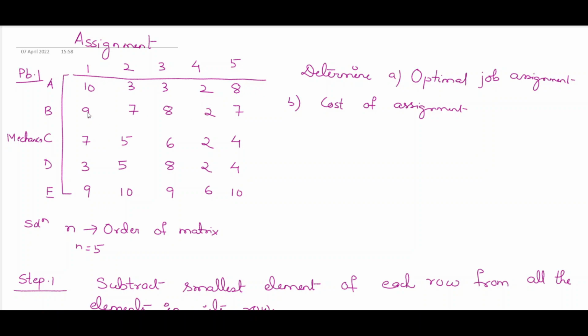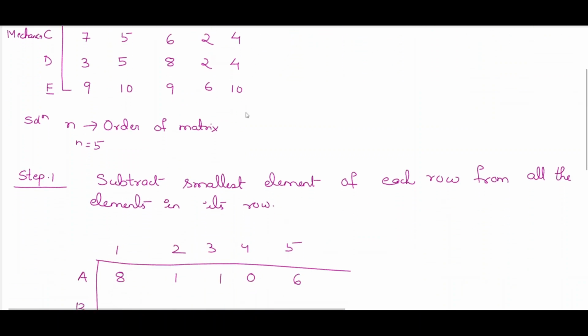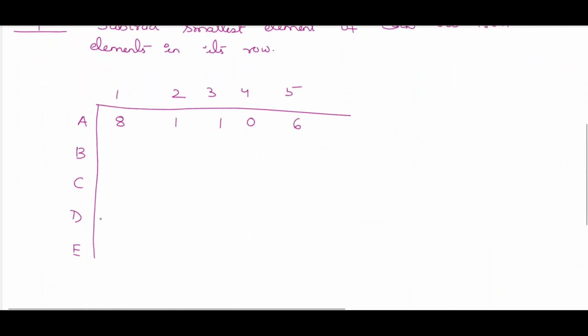So subtract each element of this row by 2. So 9 minus 2, 7 minus 2, 8 minus 2, 2 minus 2 and 7 minus 2. So it is 7, 5, 6, 0, and 5.